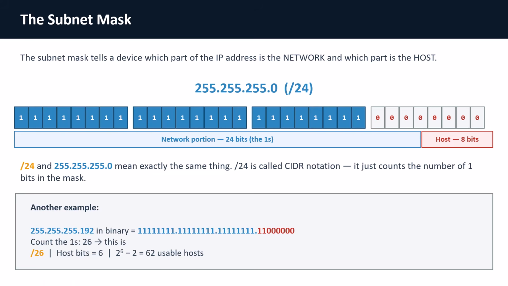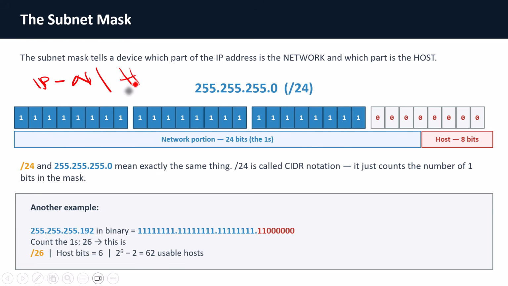What is the subnet mask? The subnet mask is what tells a device which part of the IP is the network portion and which part is the host portion. Remember, an IP address has two portions: one that belongs to the network and the other that belongs to the host.